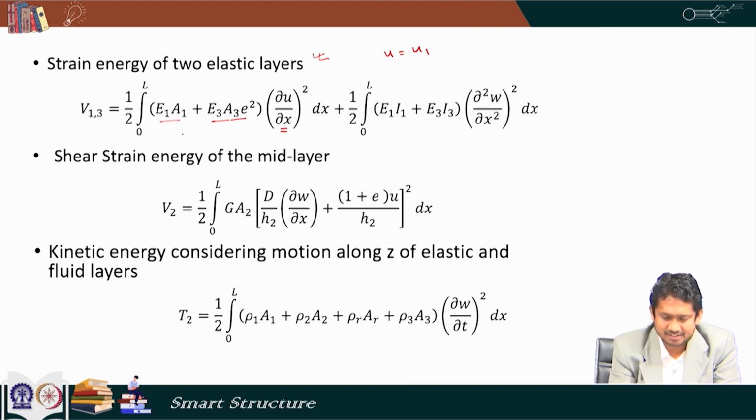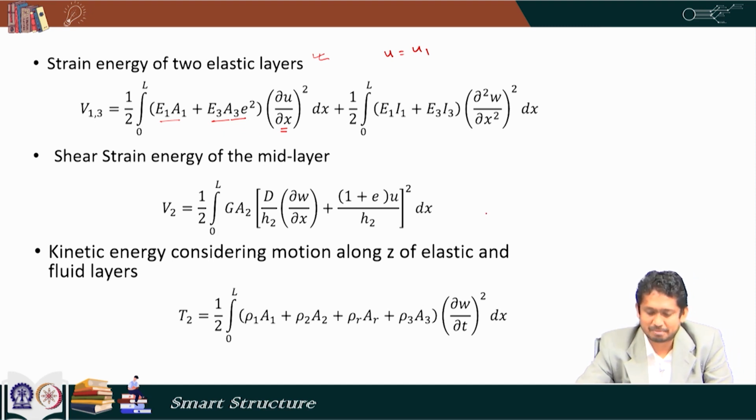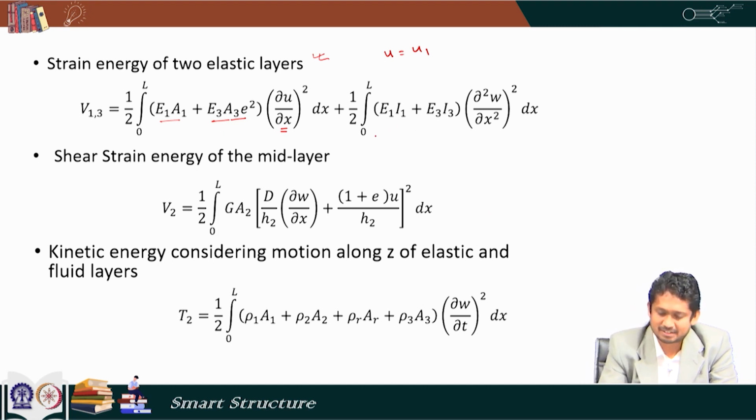Now, these strain energies are the strain energies due to the extension of those layers. Now, those layers bend also. So, because of the bending, these are the strain energy.